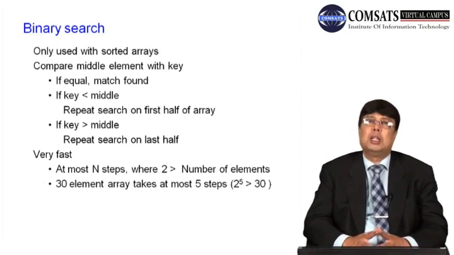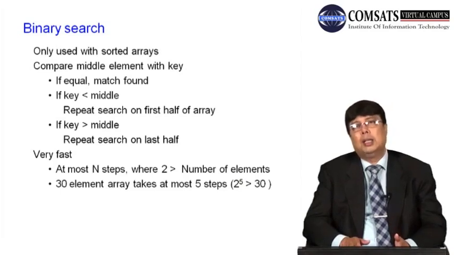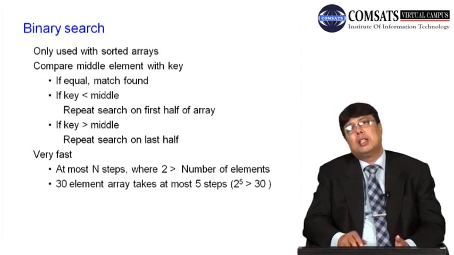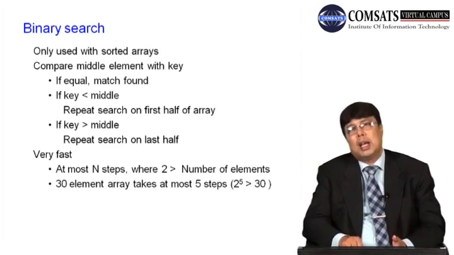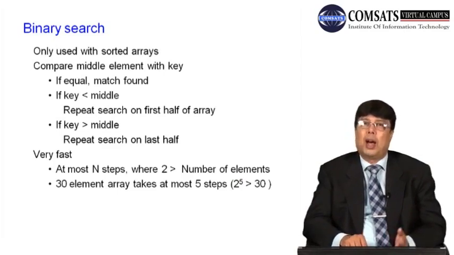I'll just repeat it again. If there are 32 elements, in the first comparison के बाद the size will be 16. Second comparison के बाद size will be 8. Third comparison के बाद size will be 4. Fourth comparison के बाद size will be 2. And fifth comparison के बाद size will be 1.